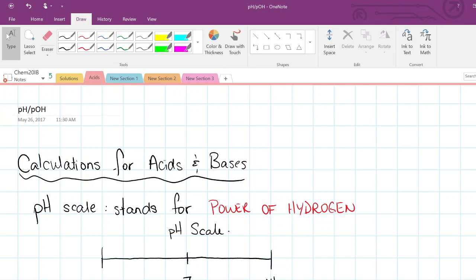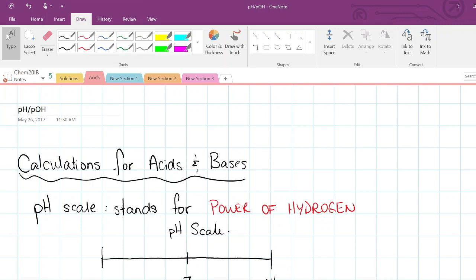Now, one thing I do want to specify for you right now, or make very clear, is that we're specifically talking about hydronium being the primary ion that gives an acid its acidic properties. But I'll warn you that in the pH section, we tend to use the hydronium and the hydrogen ion kind of interchangeably and a little loosey-goosey.